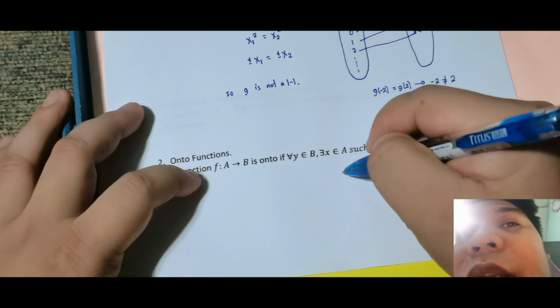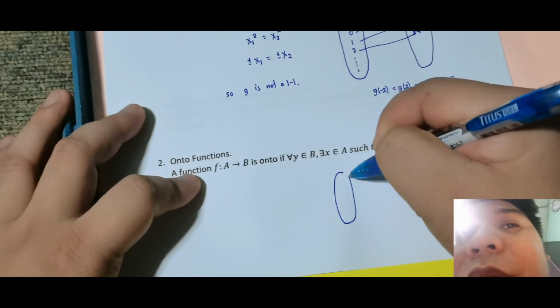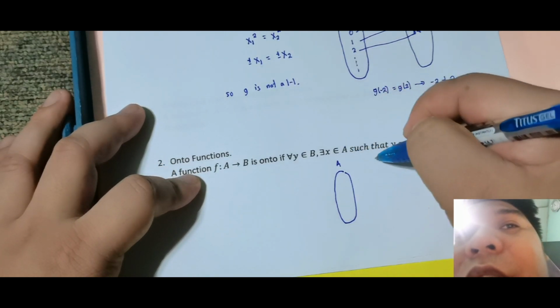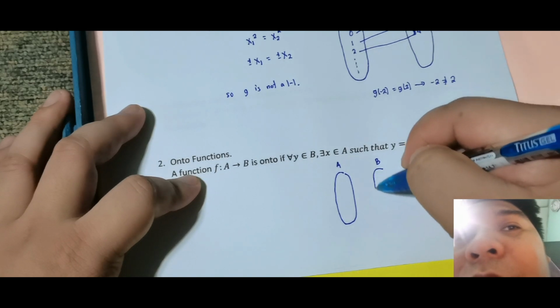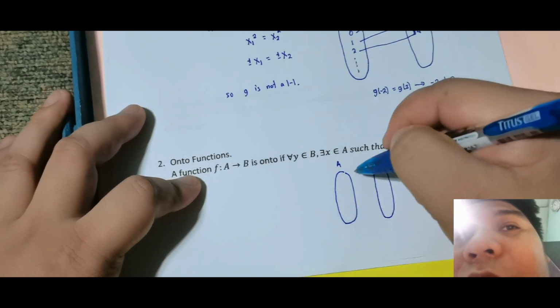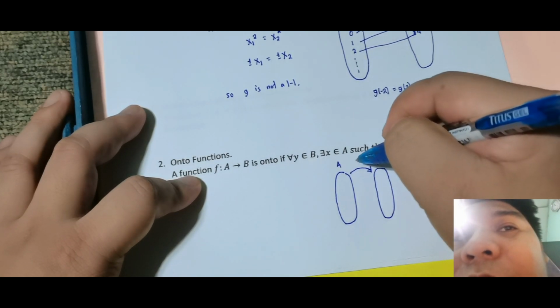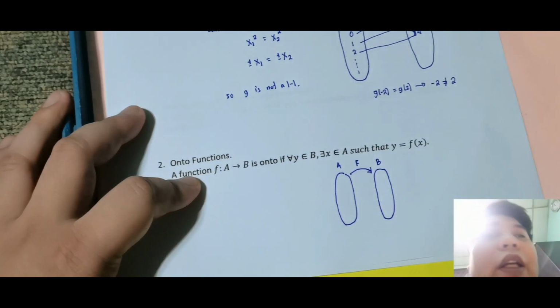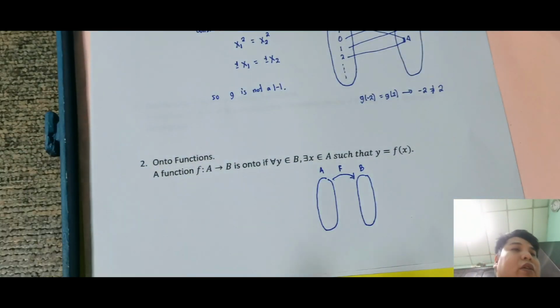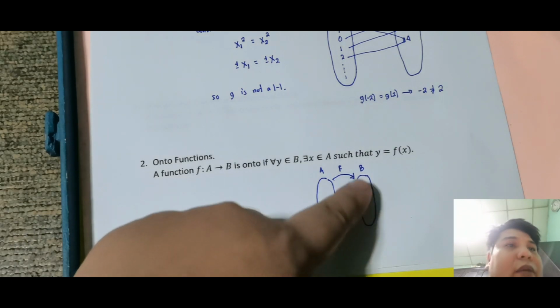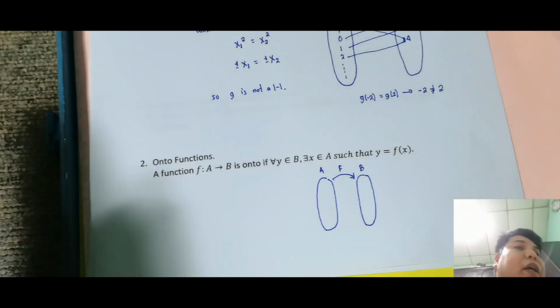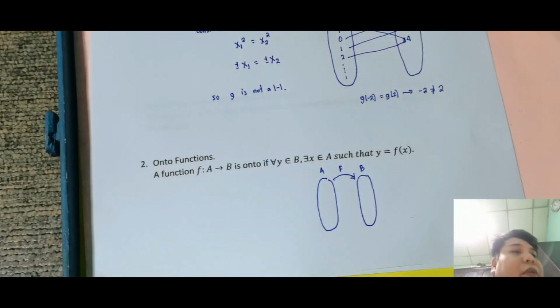So let's say ito yung ating function, ito yung ating drawing. So let's say ito yung A, ito yung B. Okay, so ito yung ating function f. Ang sabi naman ni onto, magiging onto ako pag lahat ng element sa codomain ay may mag-e-exist na x element of A such that nagmamap sila dun.